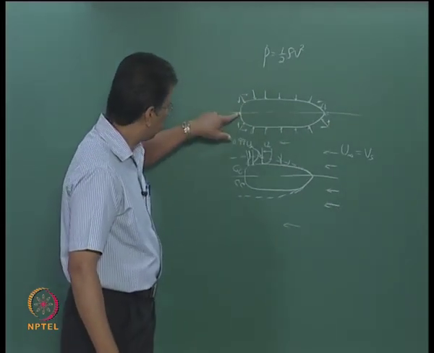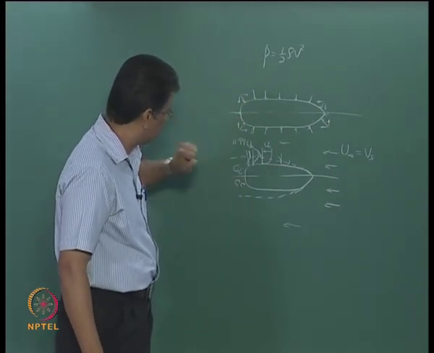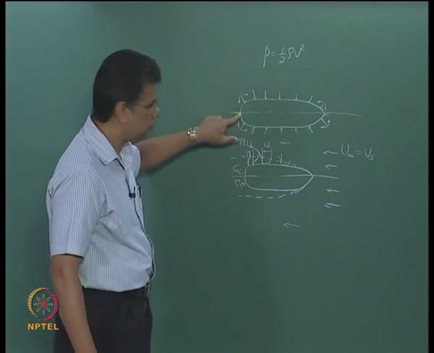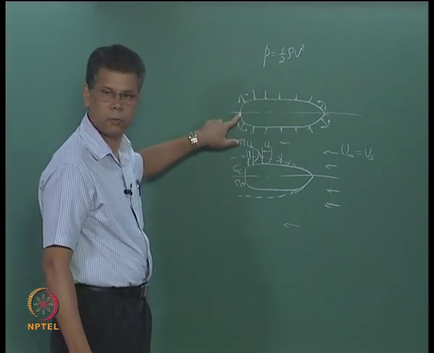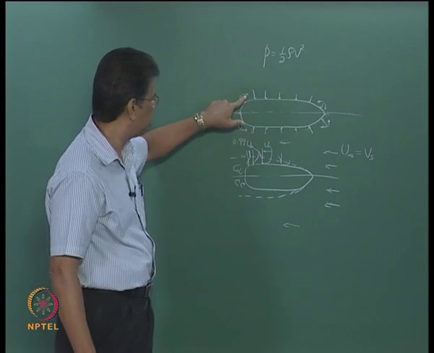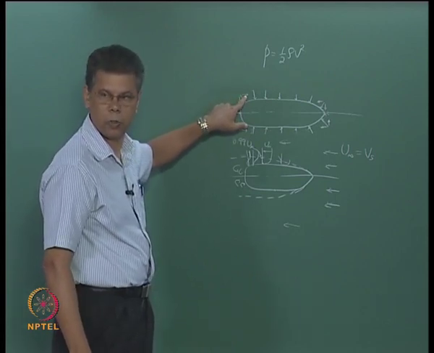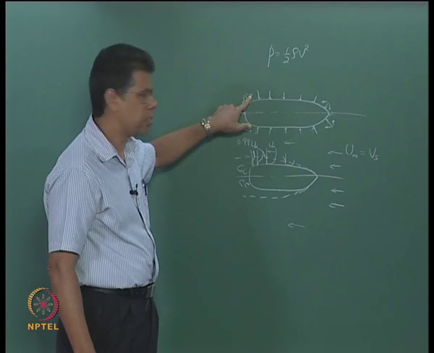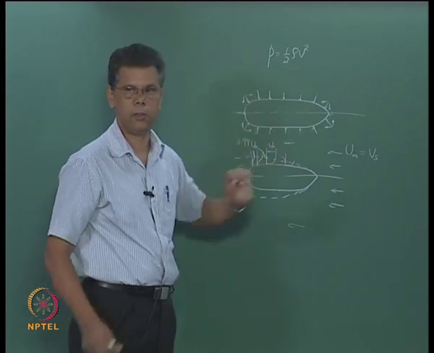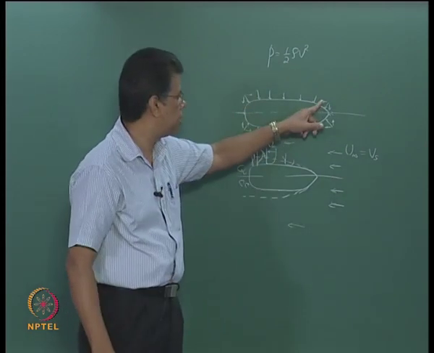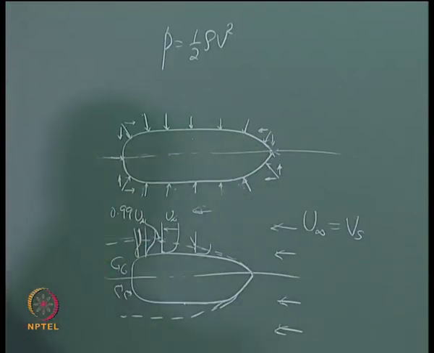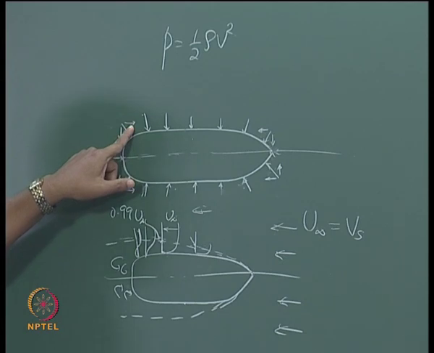Now you consider this case, where the velocity is 0, pressure is maximum, and that means this component will have a higher value. What is this component? This is the component which supports the ship, pushing the ship forward, and this is the component which is opposing the ship. So you prefer to have this component dominating, so the resistance will be less.